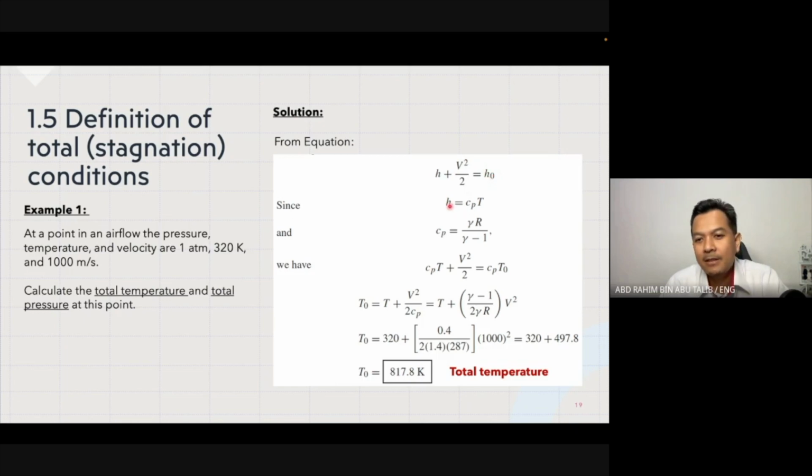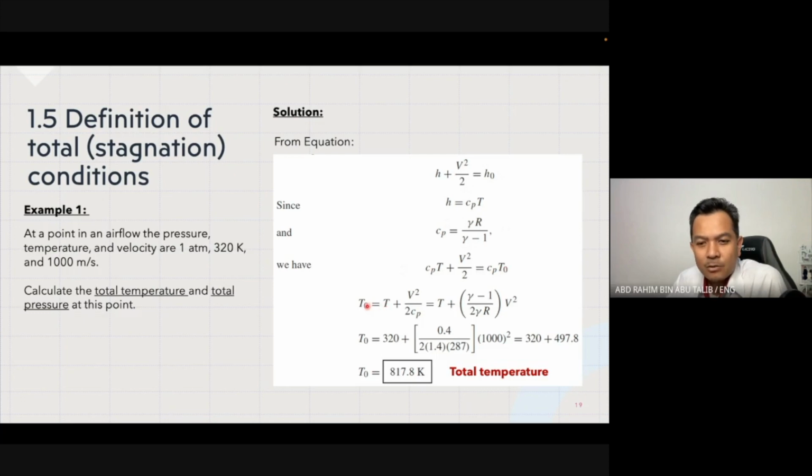Since the enthalpy h equals the specific heat capacity at constant pressure times the temperature, and cp itself is given by gamma R over gamma minus 1, we have cp T plus V squared over 2 equal to cp T naught.